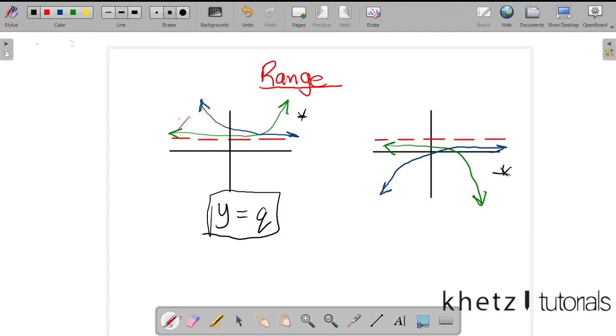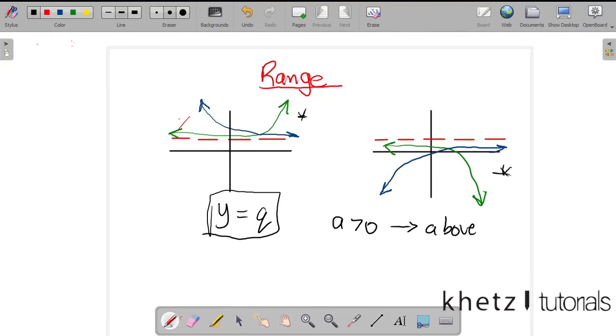Whether the graph is decreasing or increasing, we're only interested in whether the graph occurs above or below the asymptote. So the range is the same as long as we know whether a is greater than 0 or less than 0. For a greater than 0, the graph occurs above the asymptote.